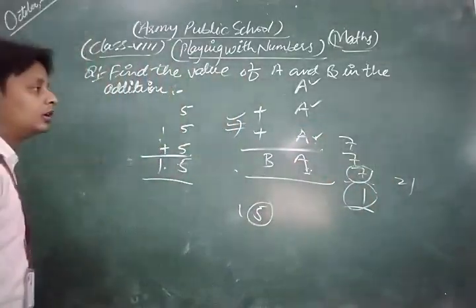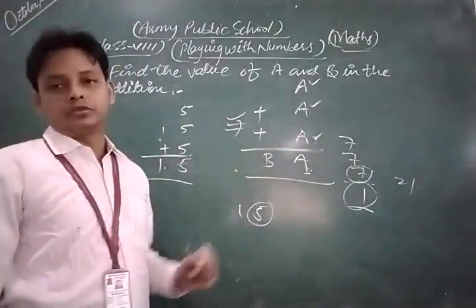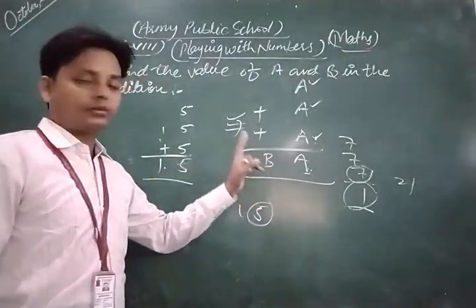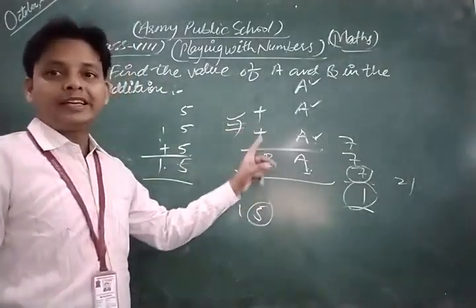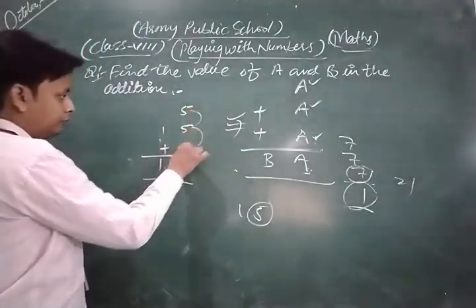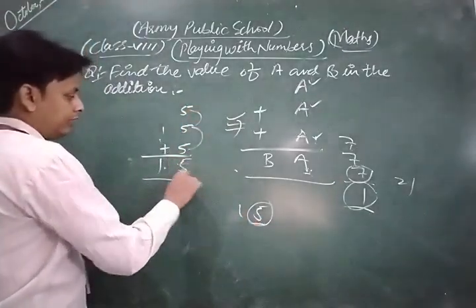We choose the value that satisfies, so the value of a is 5. So look, in this way 5 plus 5 plus 5 is 15, so write 5 carry 1.